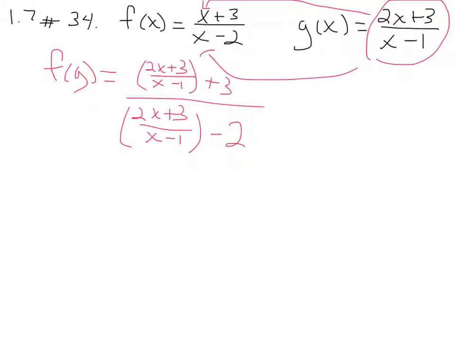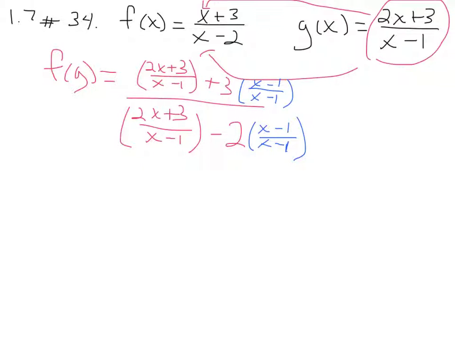Now, we can handle the top and the bottom separately by multiplying our 3 by (x minus 1) over (x minus 1), and our 2 by (x minus 1) over (x minus 1).